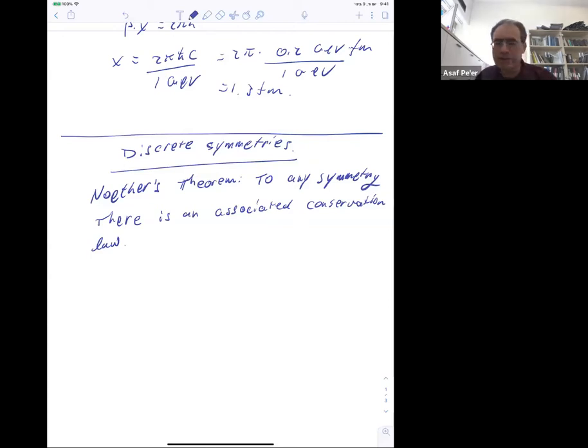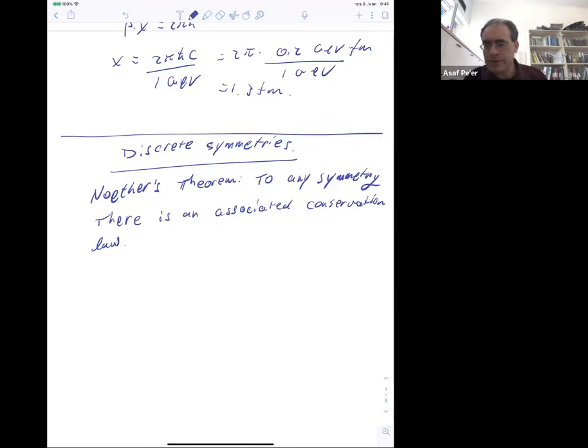You know, for example, the laws of physics are symmetric with respect to translation in time. That is a sophisticated way of saying that the laws of physics today are the same as the laws of physics yesterday. They haven't changed. And the conservation law that is related to that is conservation of energy.